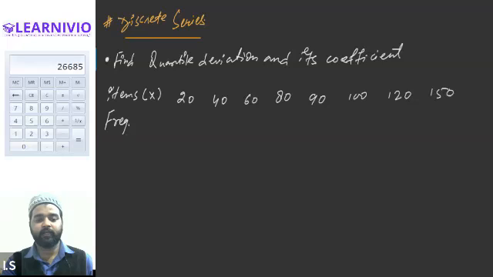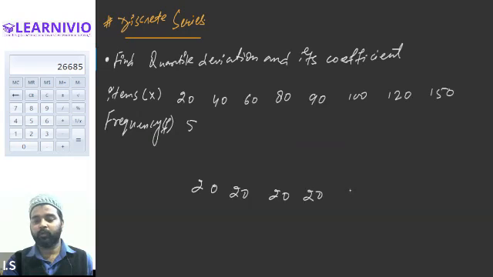Frequency basically indicates how many times a number is repeating. So if frequency is 5, that means 20 is repeating 5 times in a series. So instead of writing 20 five times, we write 20, and in front of 20 we write its frequency.